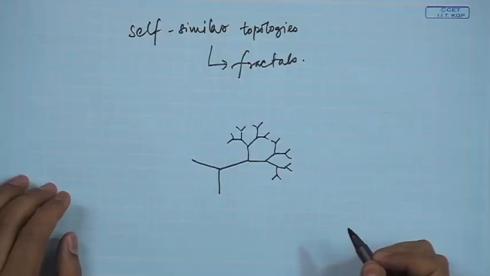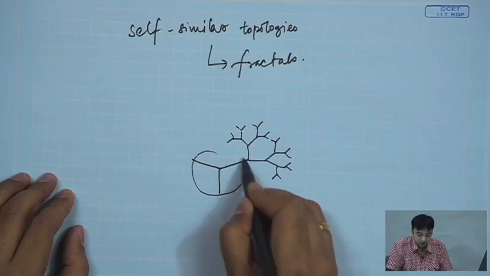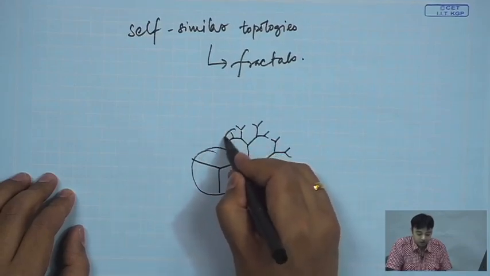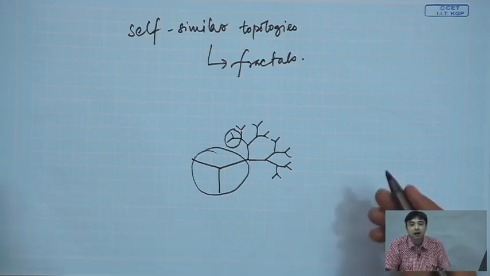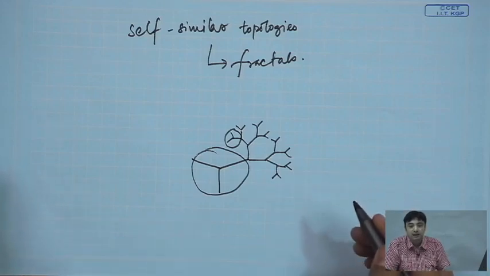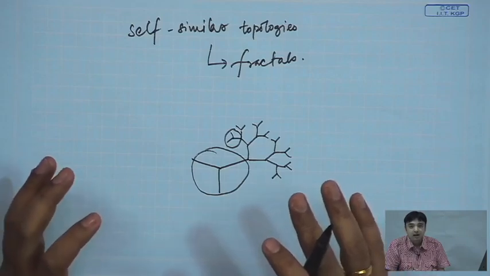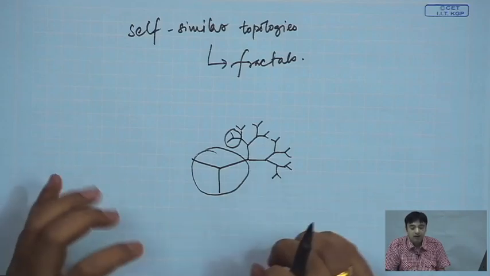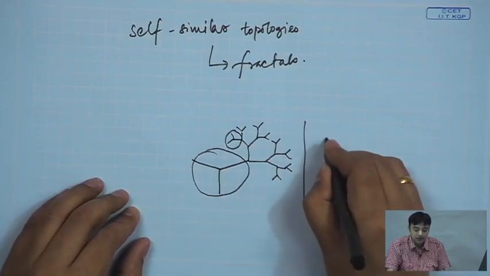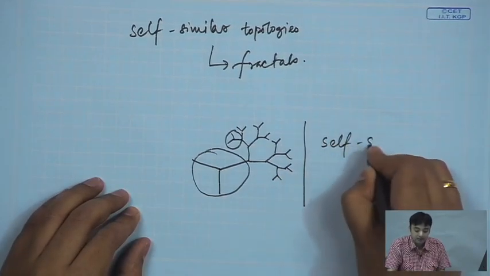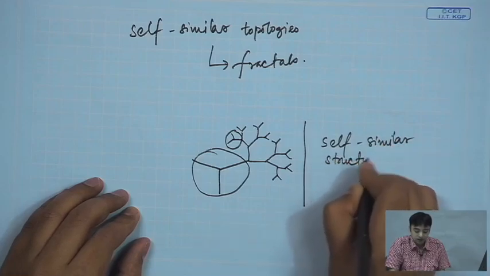So, basically what is happening is that every individual part is similar to every other individual part, only smaller in size. Every individual part here is basically a smaller version of one of its larger counterparts. So, such structures are called self-similar structures.